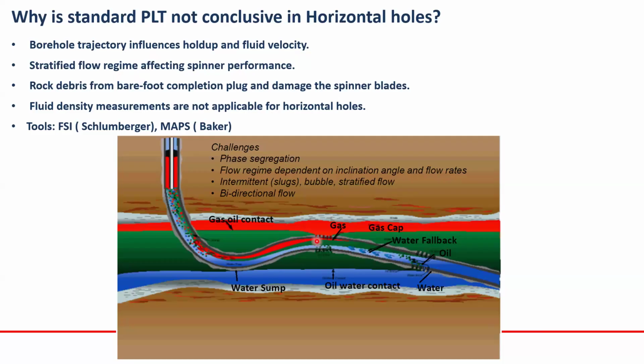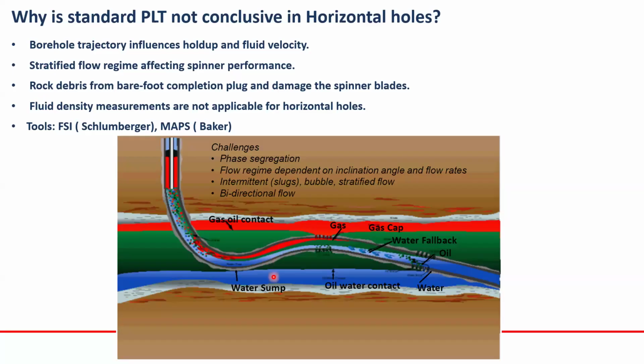There are some peaks and troughs in between. There is no perfectly straight horizontal hole, except in very rare cases. So if we produce oil and water, the water will be stagnant at the bottom, the oil in the middle, and the gas on top. Unfortunately, there is some fluid flowing in this direction, and also some in this direction.